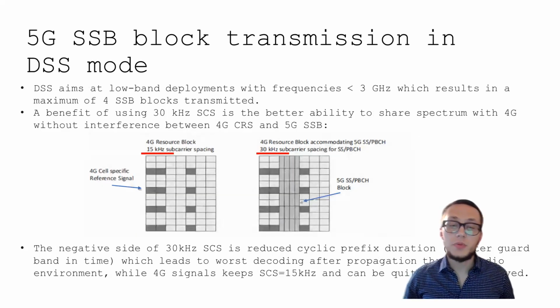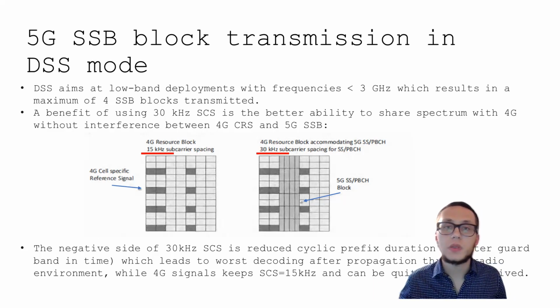Here is another example just for better understanding. You can see on the second picture that the SSB block with 30 kHz subcarrier spacing can be perfectly fit between 4G cell reference signals. But of course, there is a drawback, a possible negative effect of that transmission: the SSB block with 30 kHz has shorter time duration, and of course every OFDM symbol also has a shorter guard period duration.